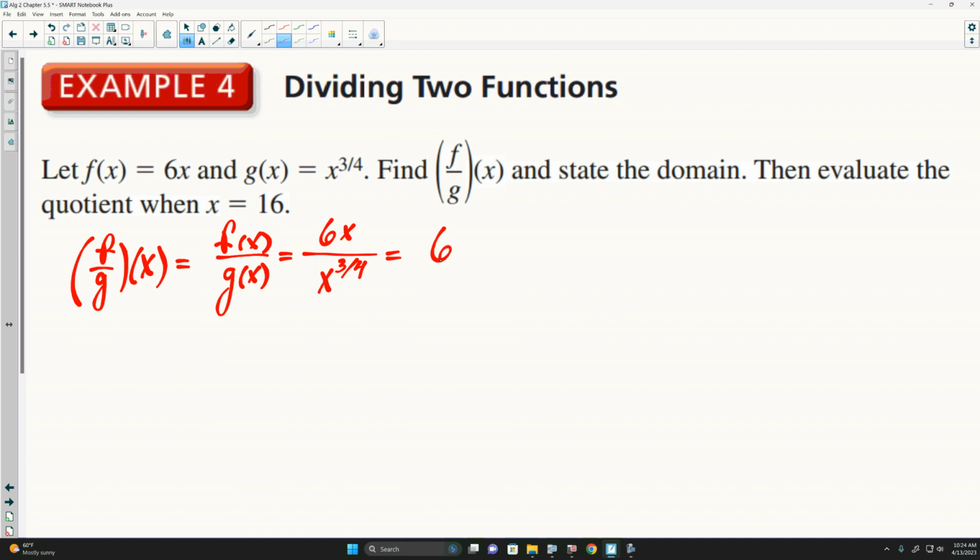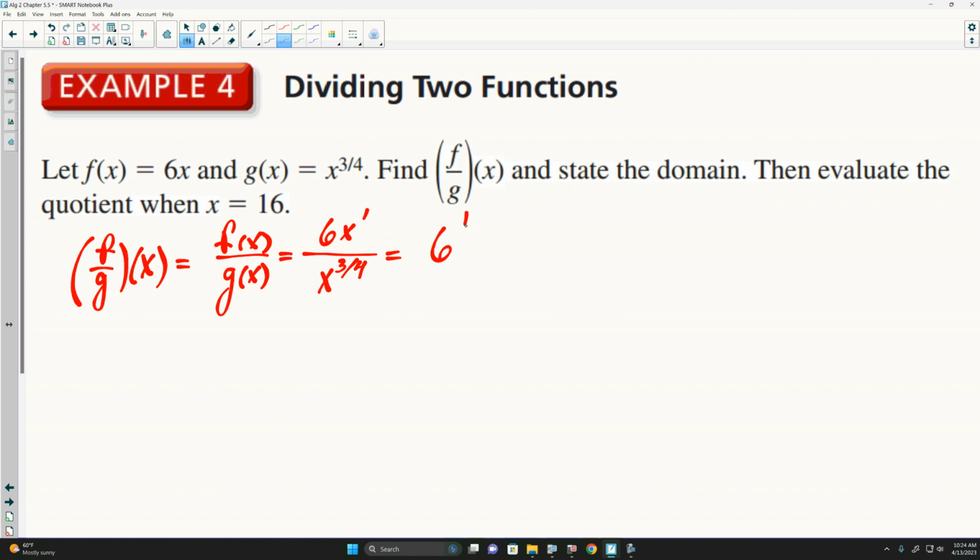Now we will simplify this here, because if we have like bases, x and x, and they're being divided, we subtract the exponents. Because if we multiply like bases, we add the exponents.